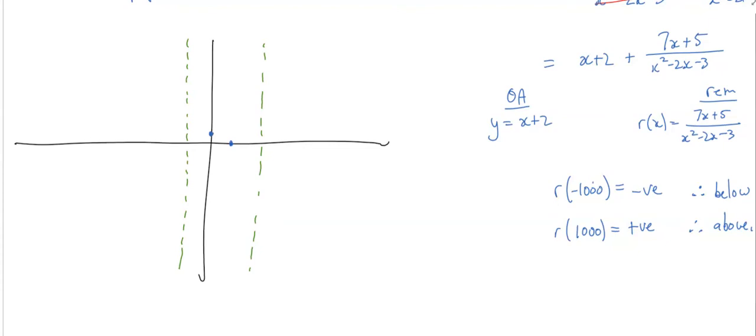So I'm going to start labeling these. I should have labeled them as I went. My oblique asymptote is x plus 2. So it has a slope of 1 and a y-intercept of positive 2 and an x-intercept of negative 2.